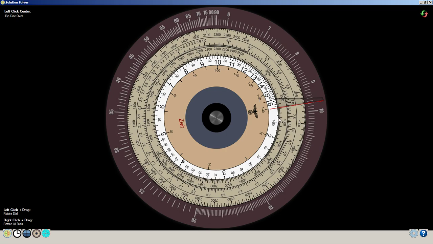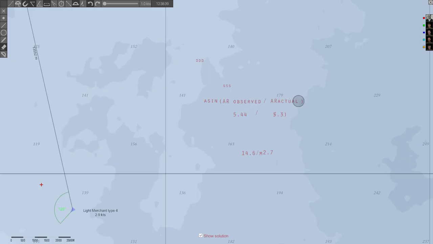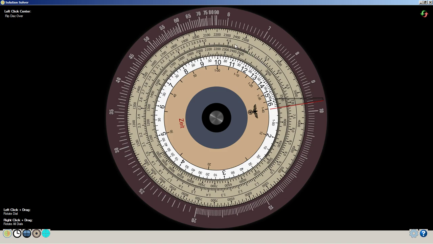So the workaround is that you work from right to left. Since you're taking the inverse of the sine, you work from right to left, and you do multiplications as division. You take your actual and align that with 90. When you're doing multiplication, you always align one value with 90, and then read the other value off.